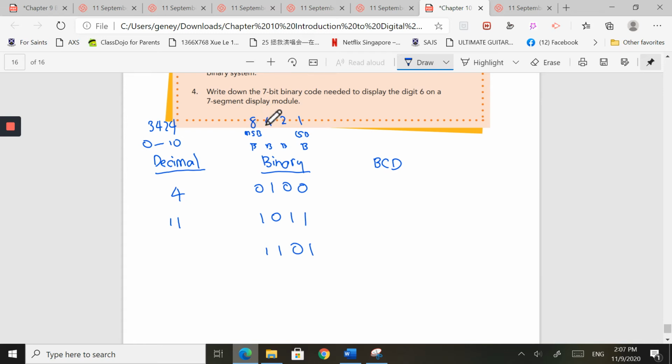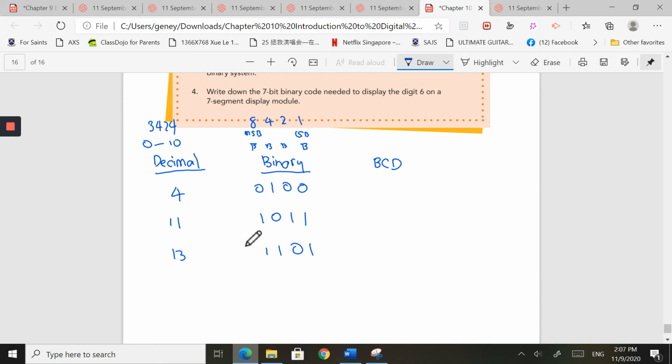So 8 plus 4 is 12, 12 plus 1 is 13. Remember, I do not want the 2. Therefore, the decimal equivalent is 13. That's how you work with decimal to binary and binary to decimal.